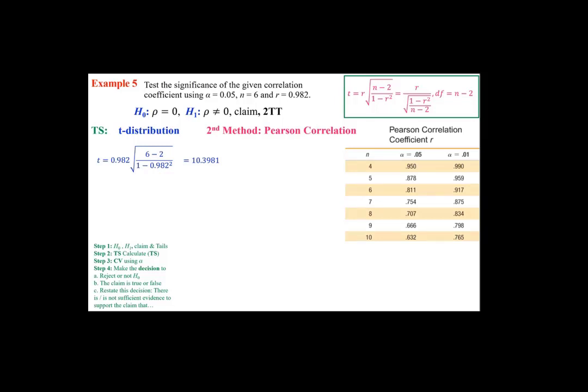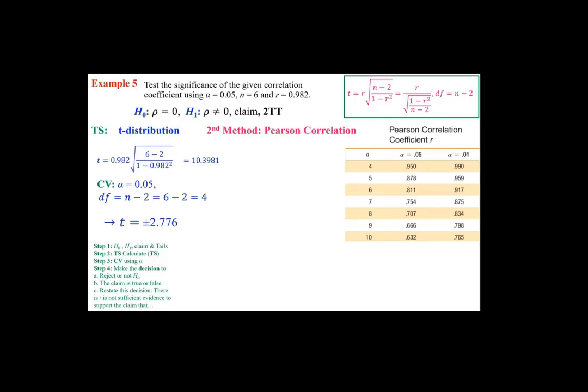Critical value is what? Well, critical value comes from the choice of alpha. Alpha is 0.05. Degrees of freedom is n minus 2, that means 4. And we can find the value of t, which is plus or minus 2.776, from the t table or technology.